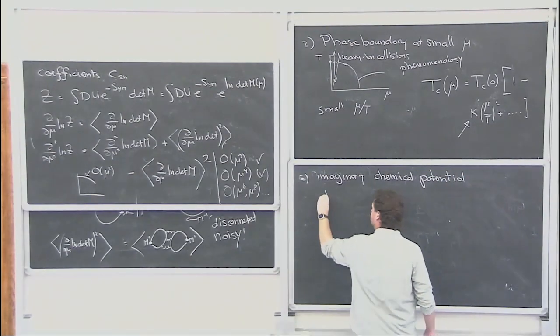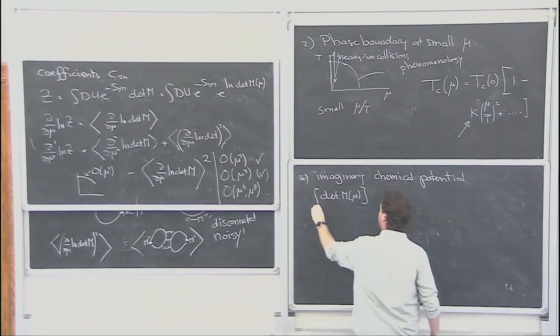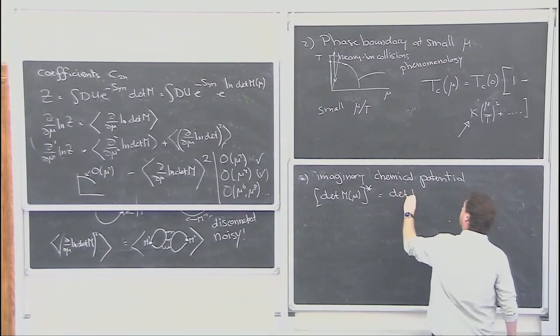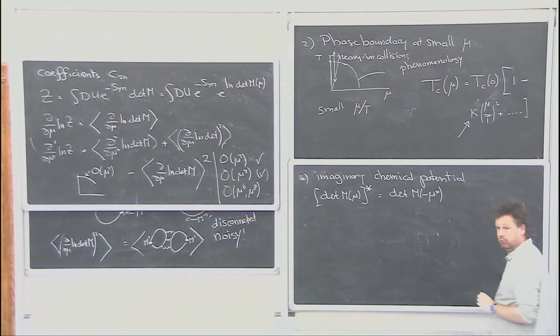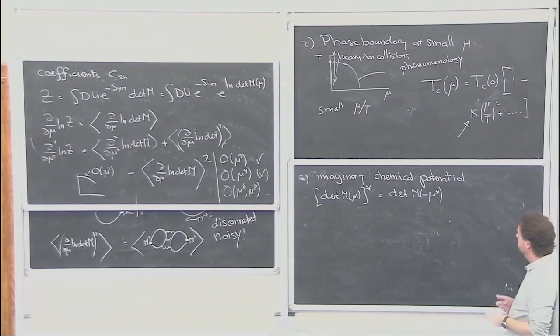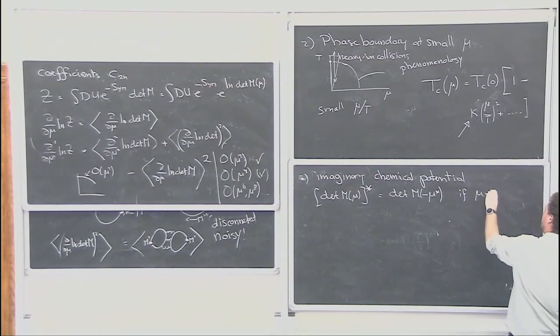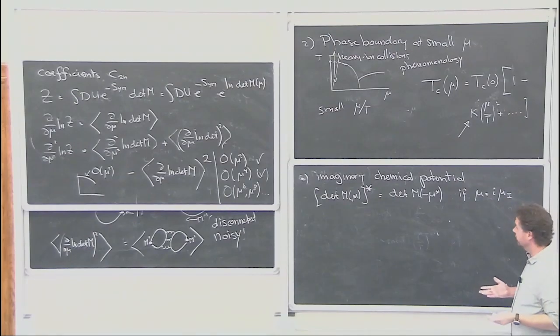So we've seen that if I take the complex conjugate of the fermion determinant, it's not real in general, but it satisfies this symmetry. And so for real mu, the determinant is complex, but as we discussed yesterday, if mu is imaginary, so if mu is i times mu_I, then the matrix is real, the determinant is real.